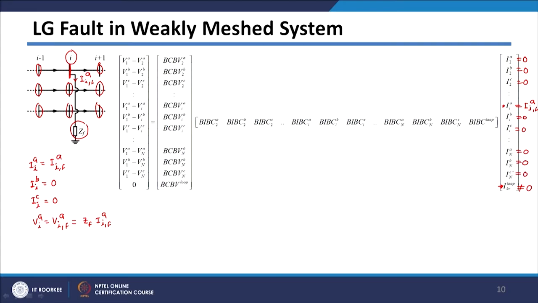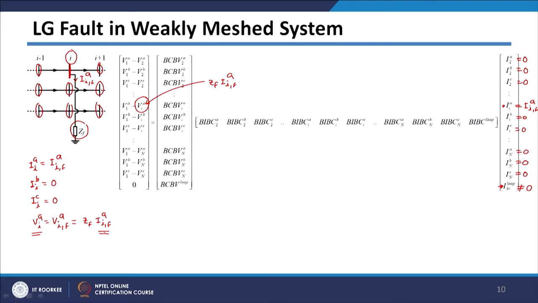One more modification that will happen in this matrix is that this entry here will get replaced by ZF multiplied by your fault current in A phase, because here we have written that the voltage of A phase of the ith bus will be ZF multiplied by the fault current in A phase of the ith bus.